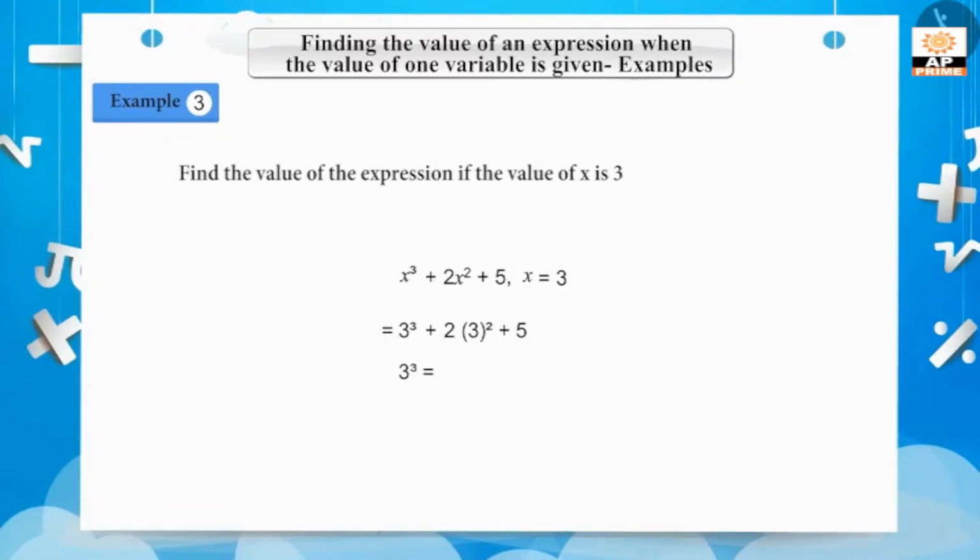Here, 3 cube is 3 multiplied by 3 multiplied by 3, which is equal to 27, and 2 multiplied by 3 square becomes 2 multiplied by 3 multiplied by 3, which is equal to 18. Therefore, 27 plus 18 plus 5 is equal to 50.